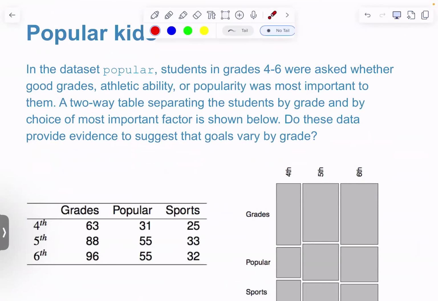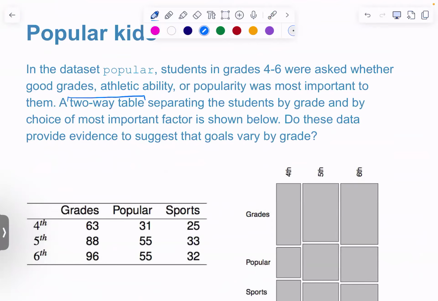There's a data set called Popular, where students in grades 4 to 6 were asked whether good grades, athletic ability, or popularity was most important to them. A two-way table, which is a contingency table.